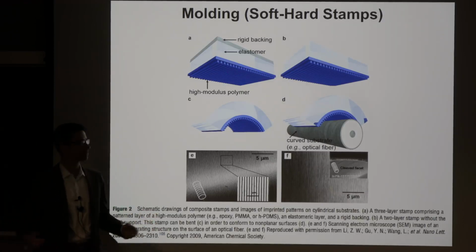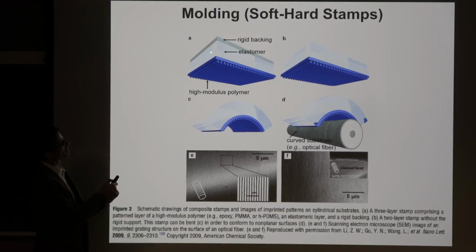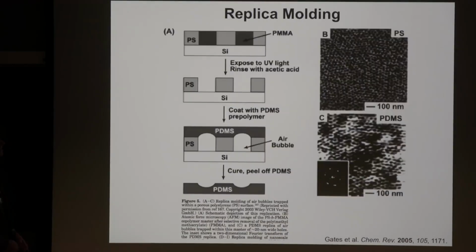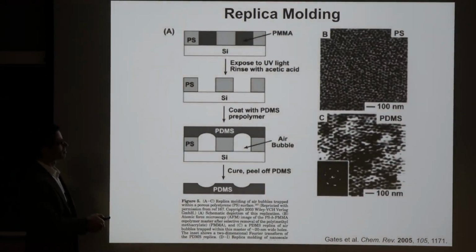Anything that's thin is flexible. But you have a rigid, and an elastomeric, softer backing, and maybe something that's rigid just so that you can manipulate it. And then you can bend this thing around curved surfaces. So this is how you might pattern a curved surface, which you could never do in a photolithographic stepper. You can make structures from air bubbles, for example.